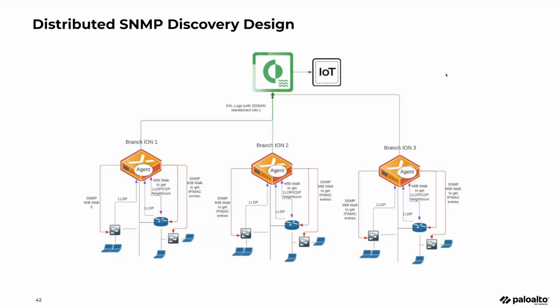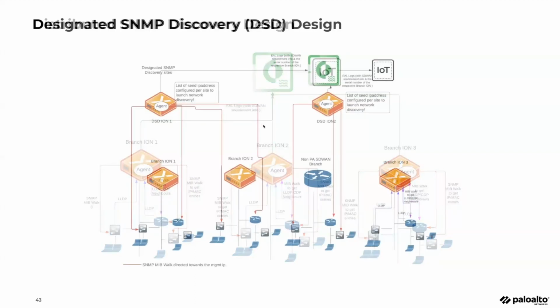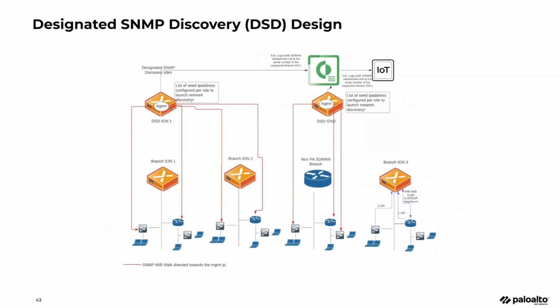So for the use case where you might only have a few devices that are allowed to talk to your individual switches and routers and wireless access points across the network, we offer a more centralized model where you can configure one or two devices, give them a list of seed networks, and then they go and crawl all around the network and try to pull in that discovered ARP and MAC table information. That's one way to do it.